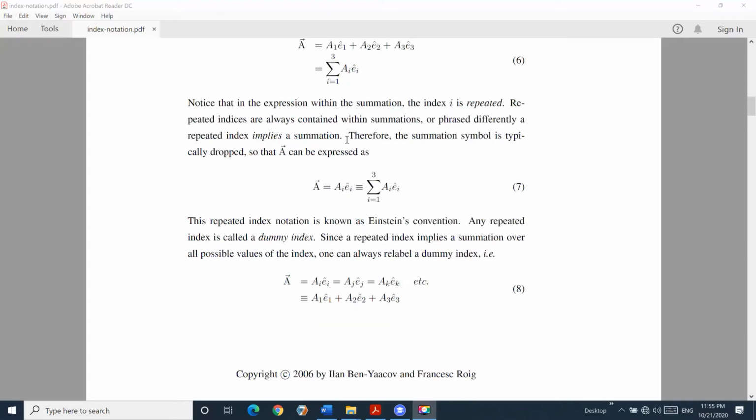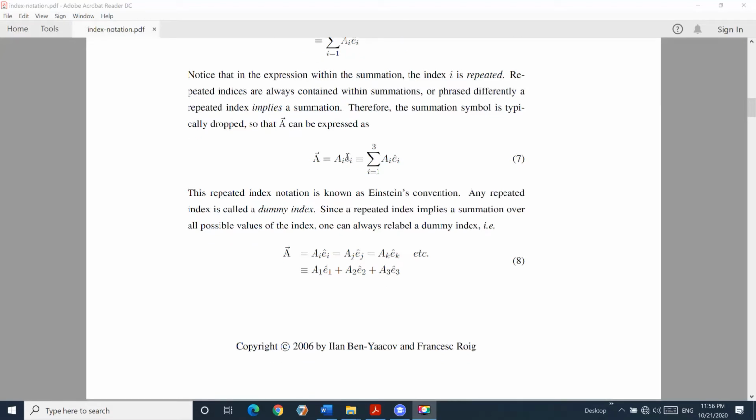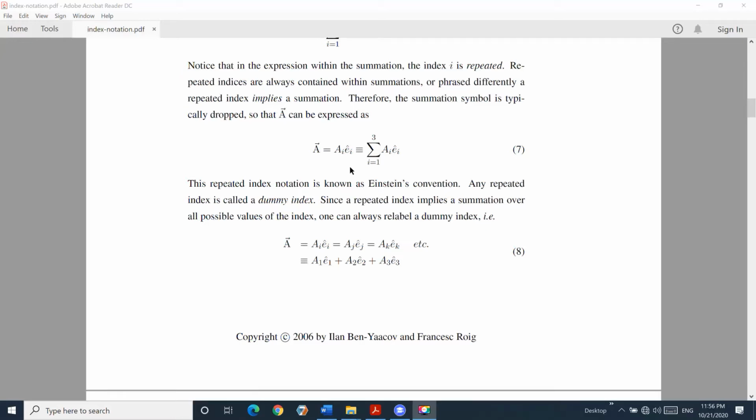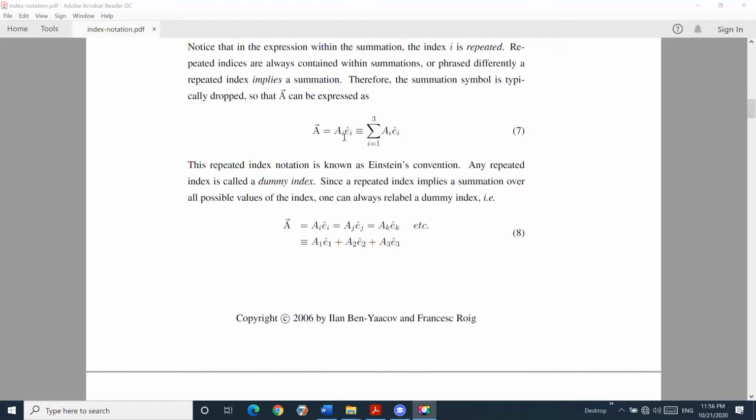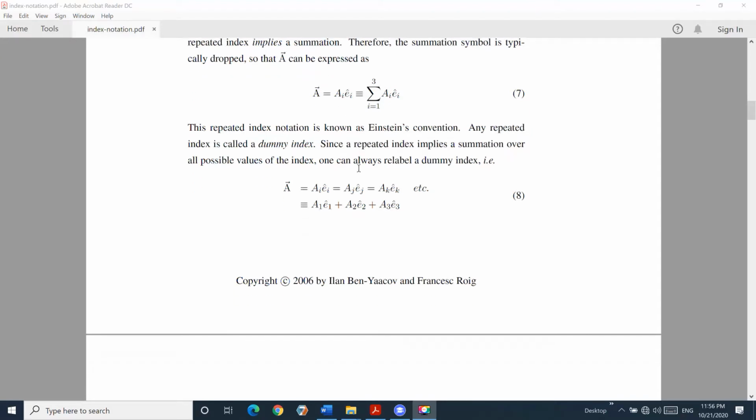But typically we can write these terms without the summation sign, because in general we deal with 3-space. We know how many axes, directions, or dimensions we have, so we can repeat 1, 2, 3 mostly.